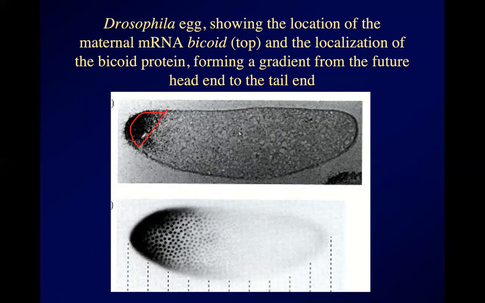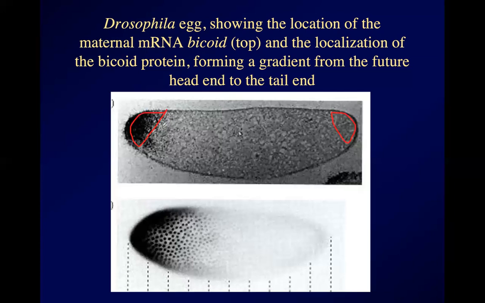Obviously, it did not develop into an adult, but it did get far enough along that you could see what was happening. She found that if you slurp this maternal messenger RNA out of one egg and put it into another, you'd end up with a two-headed embryo. So what this maternal messenger RNA does is specify which end is the head.